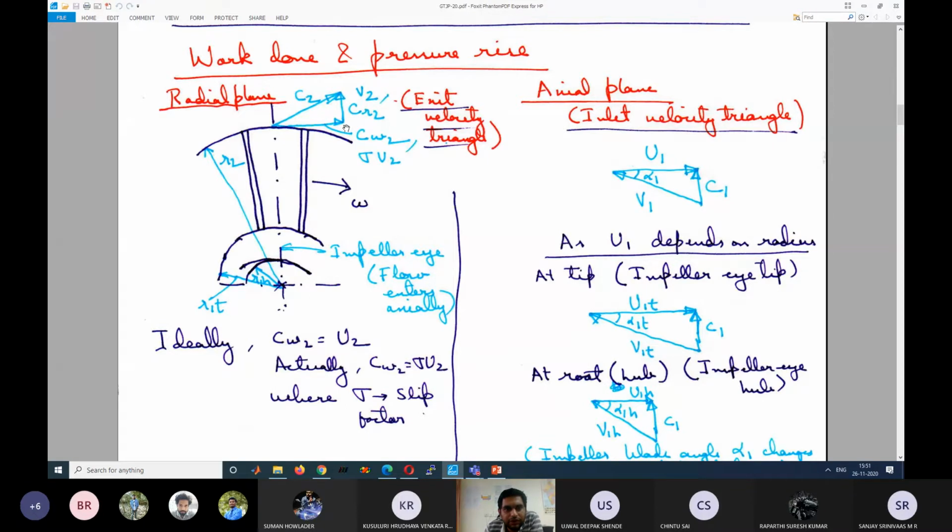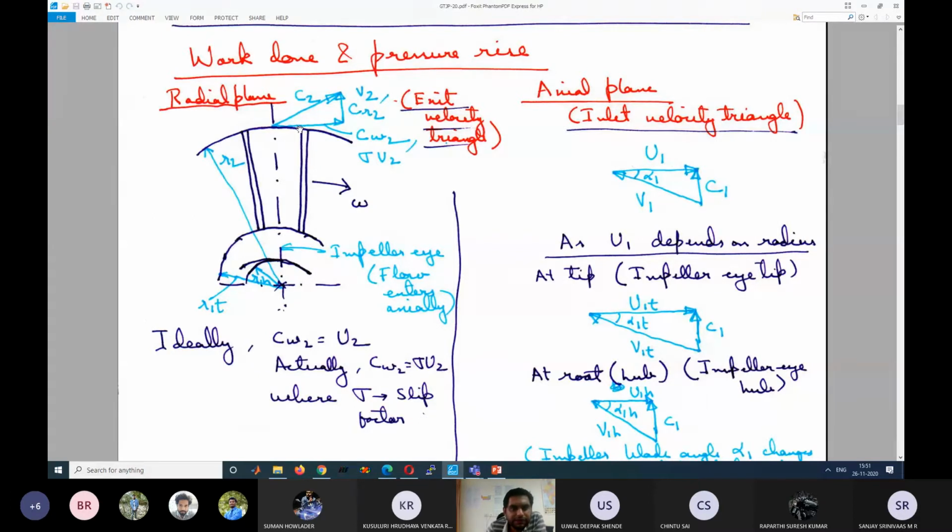Okay, so if the case is ideal, the absolute velocity will be the vector summation of U2 plus V2. So C2 will be the vector summation of U2 plus V2, along this direction with some angle. Okay, it goes out along this direction.